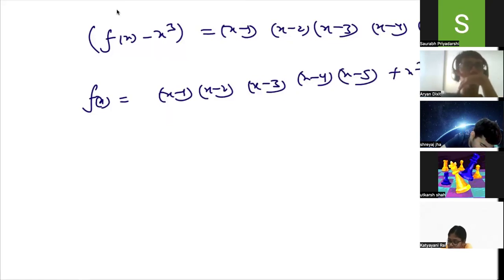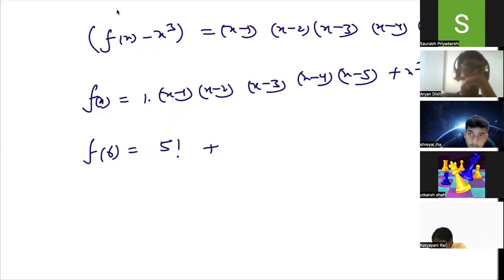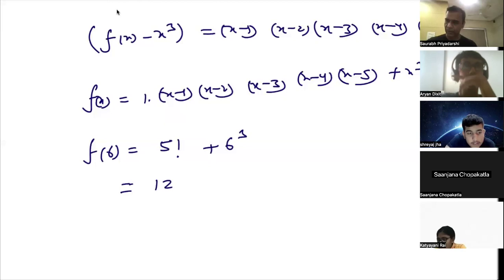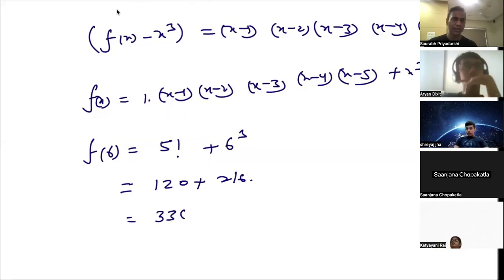Leading coefficient 1, so this is 1 only. Now, what you have to find? f of 6. So 6 is factorial 5 plus 6 cube. What is the value of factorial 5? 120. So 120 plus 216, 336. Very good.